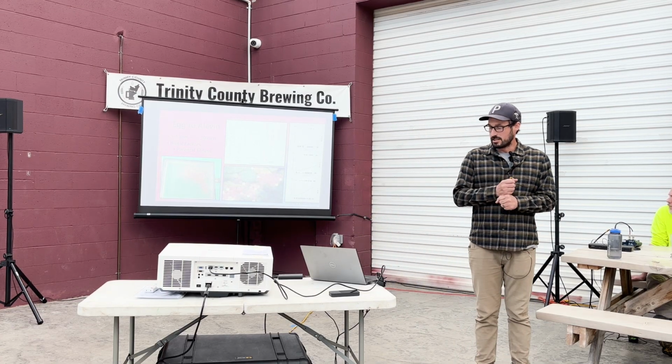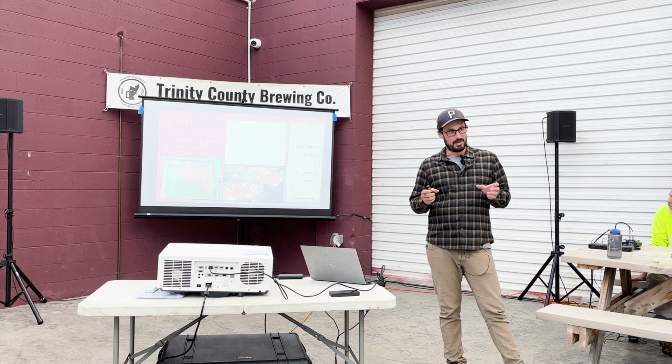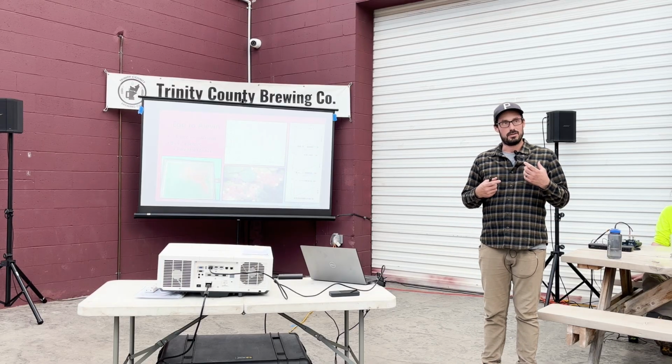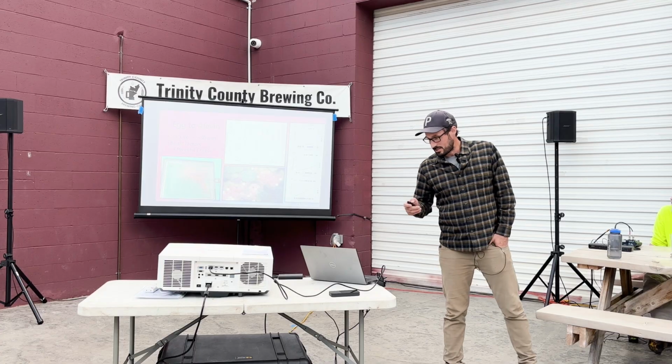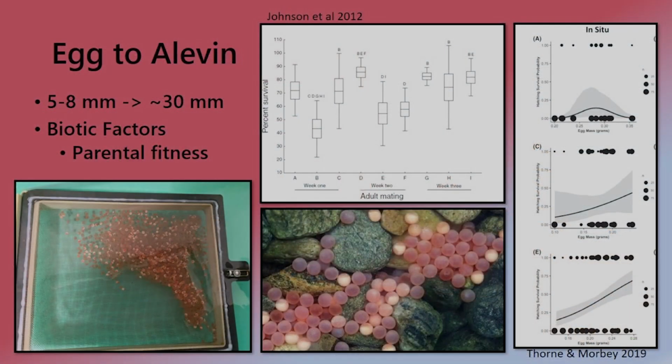All right, so even if they are fertilized, there are factors that affect the actual gametes, the egg and the sperm, that will influence the ability for that embryo to develop. Looking at the two plots that I have up here, in the middle we have Johnson et al. That shows individual females, A through I, and the percent survival of their eggs, both in the river and in the hatchery.